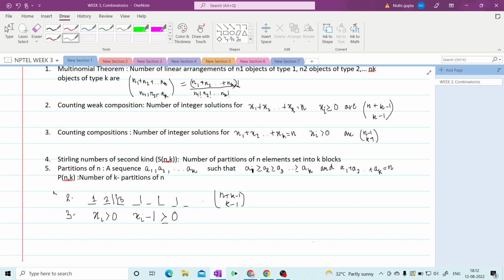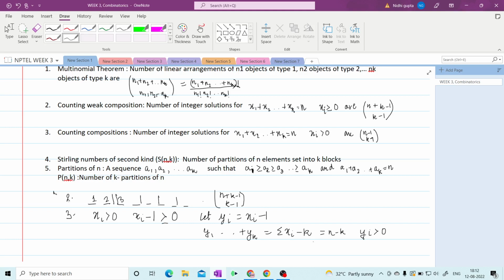So if we let yi be xi minus 1, our equation changes to y1 plus ... plus yk equal to sigma xi minus k, which is n minus k. And here now yi are greater than or equal to 0.